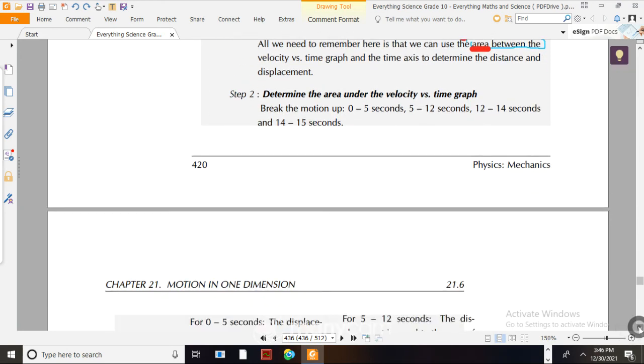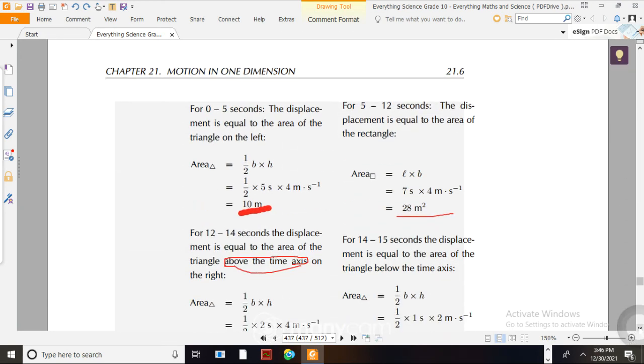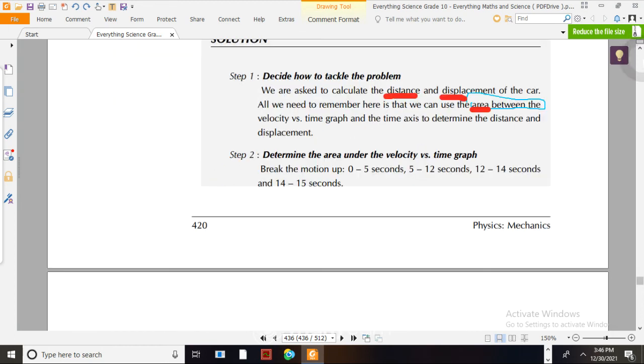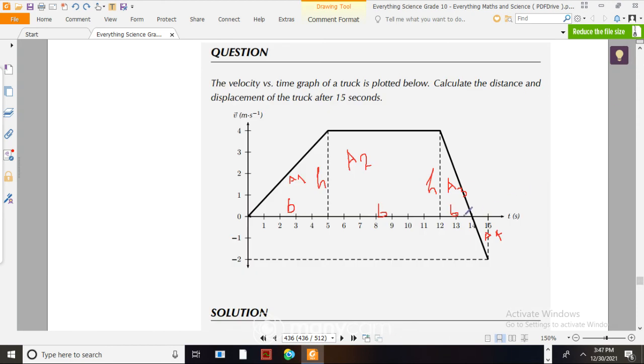When you calculate the 4th area, half BH, from 14 to 15 means it is 1 second. 1 second times the height 2, half of it will give us 1. Let us go back and see here. 14 to 12 is 2 seconds, the height is 4, so 4 times 2 over 2 is 4.